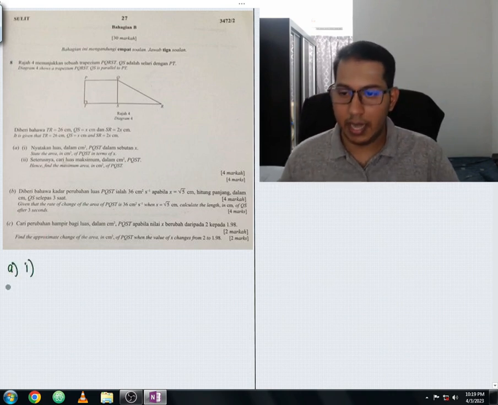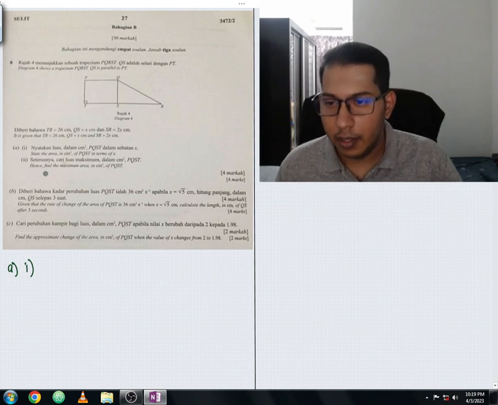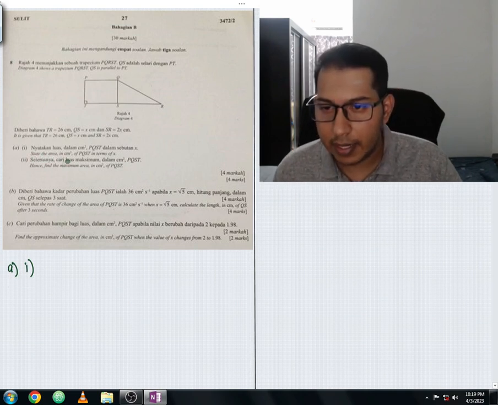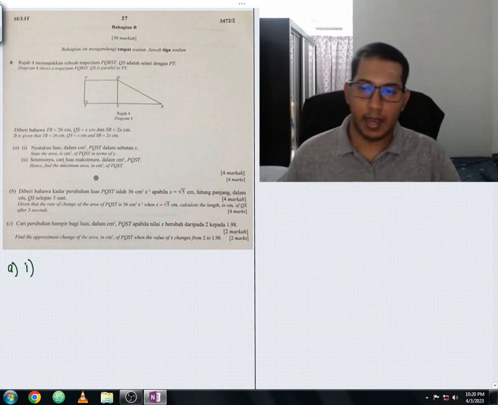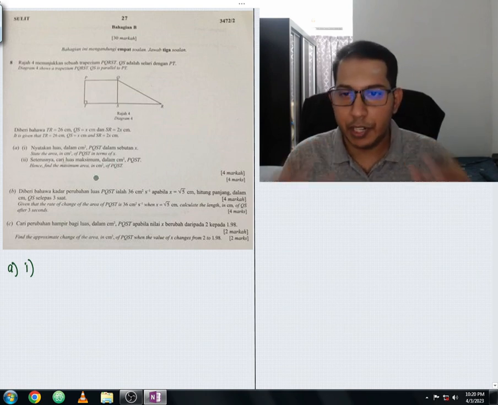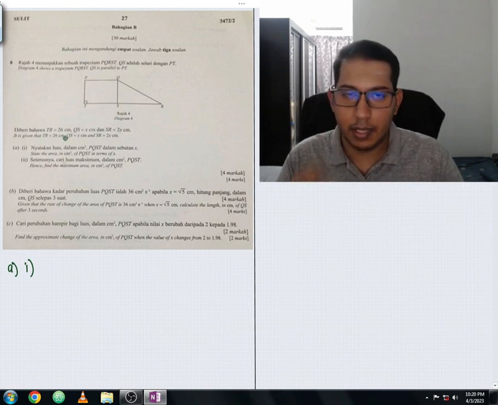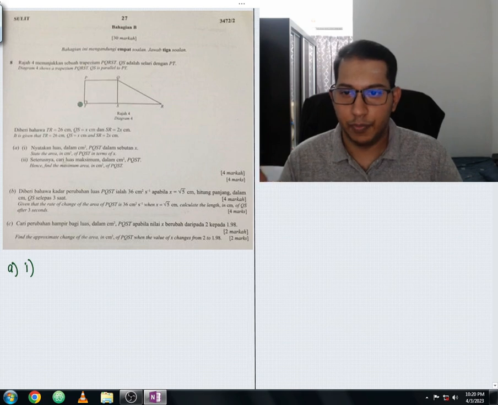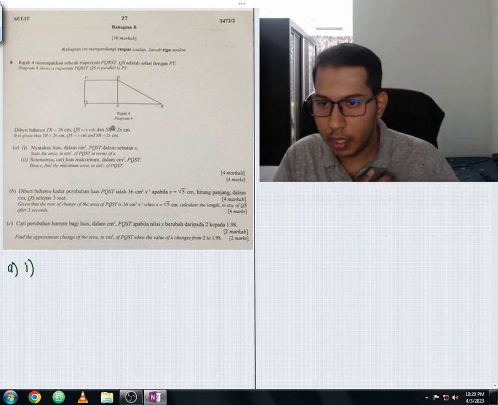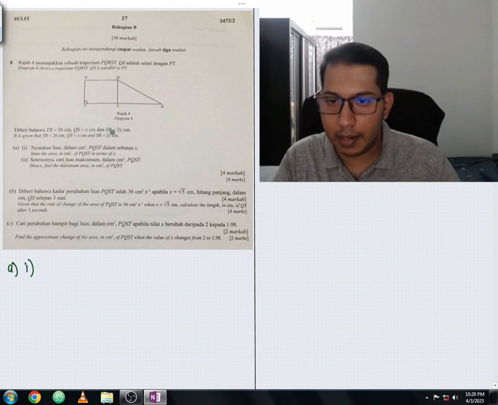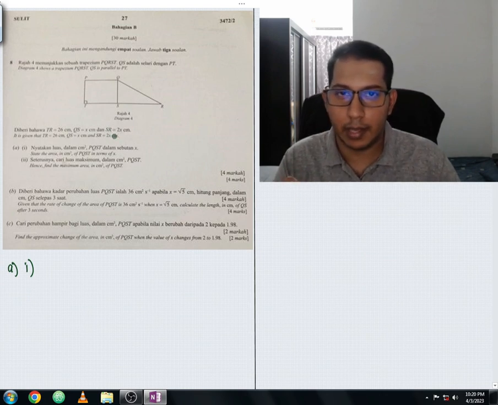For the question 8A part 1, to find the area in centimeter square of PQST in terms of x, we need to be clear on the information given by the question. Okay, so TR is equal to 26. This 26 is representing the whole length from T up until R. And then they gave us that SR itself is equals to 2x centimeter.